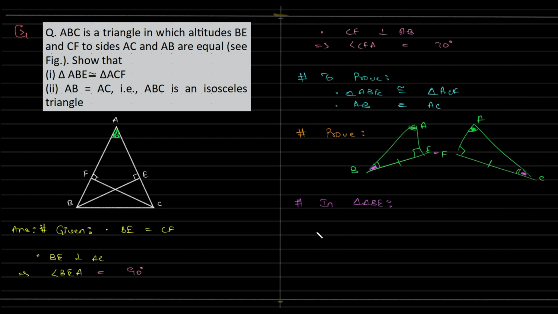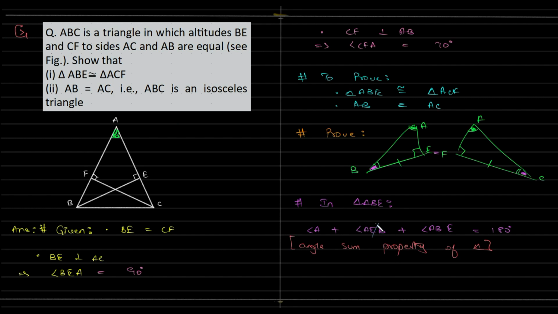So first we'll get an expression for angle B in triangle ABE. We have angle A plus angle AEB plus angle ABE, which is equal to 180 degrees, as per the angle sum property of a triangle.